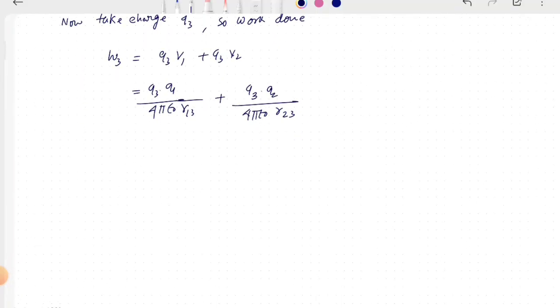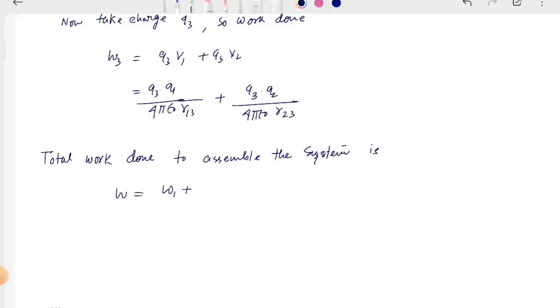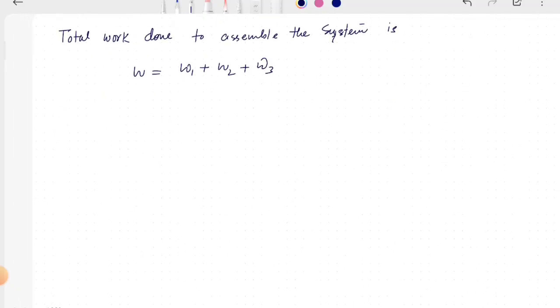So now the total work done to assemble the system, W equals W1 plus W2 plus W3.